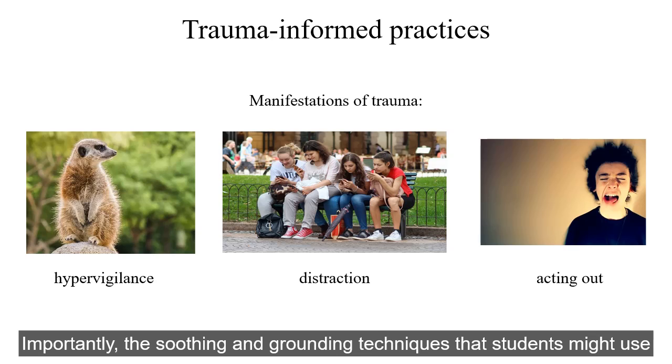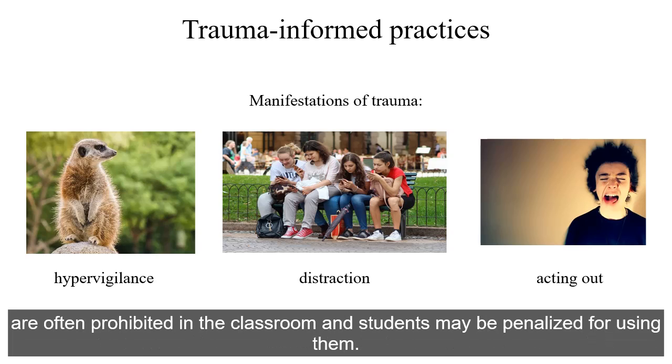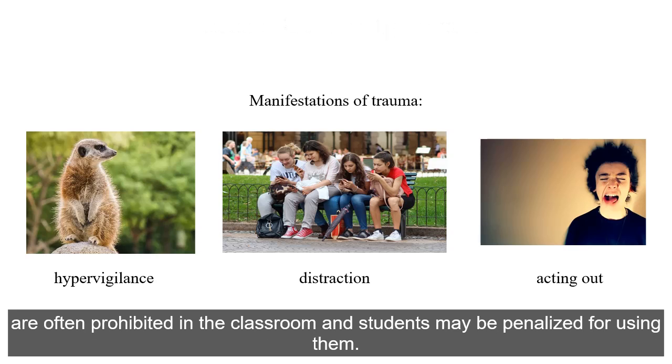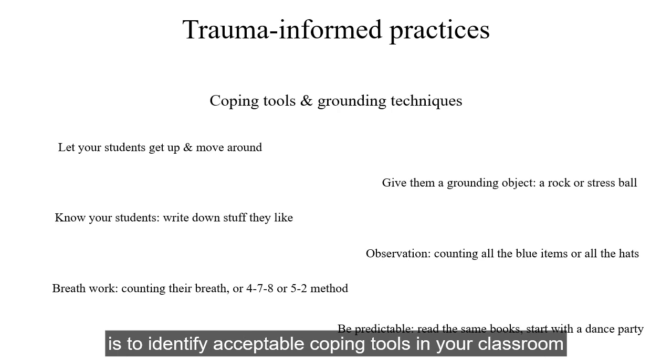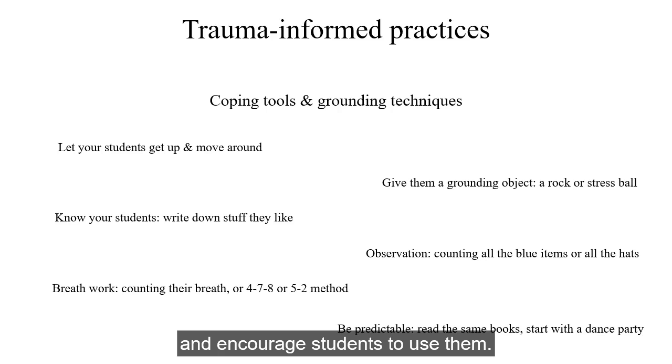Importantly, the soothing and grounding techniques that students might use are often prohibited in the classroom, and students may be penalized for using them. One useful thing that you can do as the instructor is to identify acceptable coping tools in your classroom and encourage students to use them.